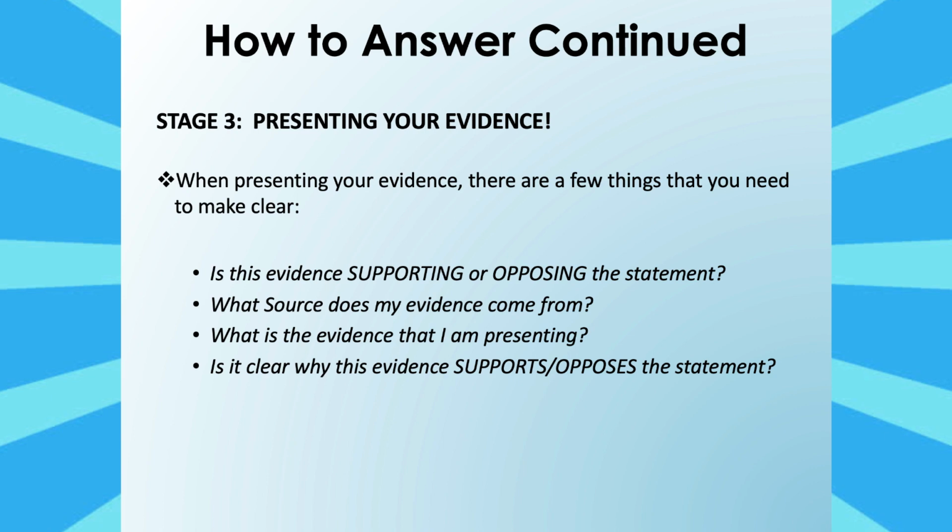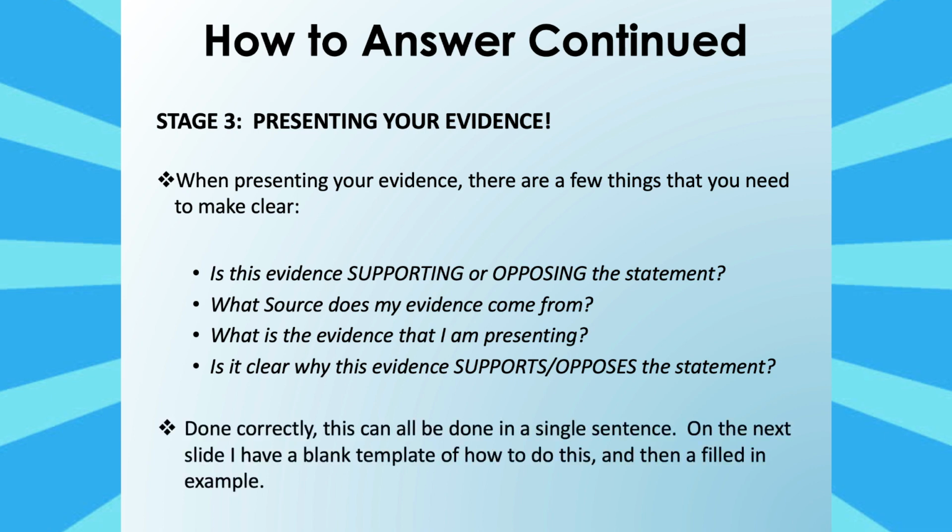So that needs to be clear as well. Sometimes, just by presenting the evidence, it's clear whether it supports or opposes, but sometimes it's something that you need to explain a little bit more in order to make it really clear. So we've got those things that we need to cover. Done correctly, this can all be done in one sentence, okay? So, although there's a few bullet points, in one sentence you can quickly cover all these things.